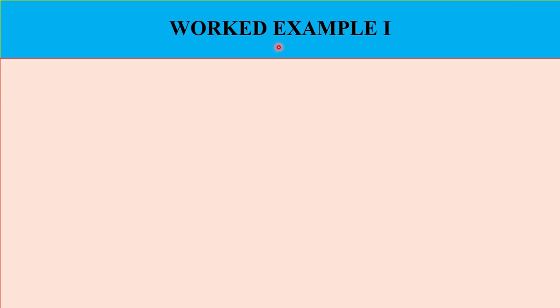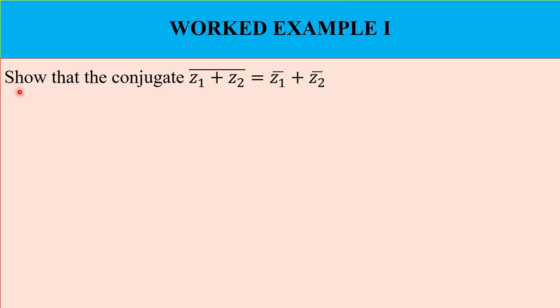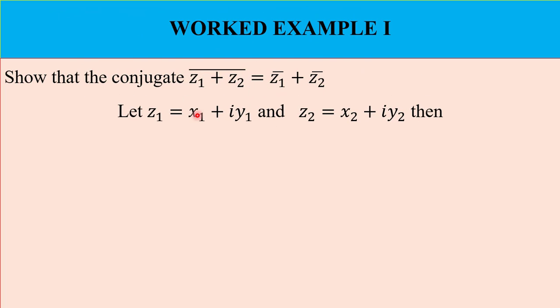Let's look at some worked examples. This is example 1. If you are required to show that the conjugate of z1 plus z2 is equal to the conjugate of z1 plus the conjugate of z2, this can be done if we let z1 equal x1 plus iy1 and z2 equal x2 plus iy2.